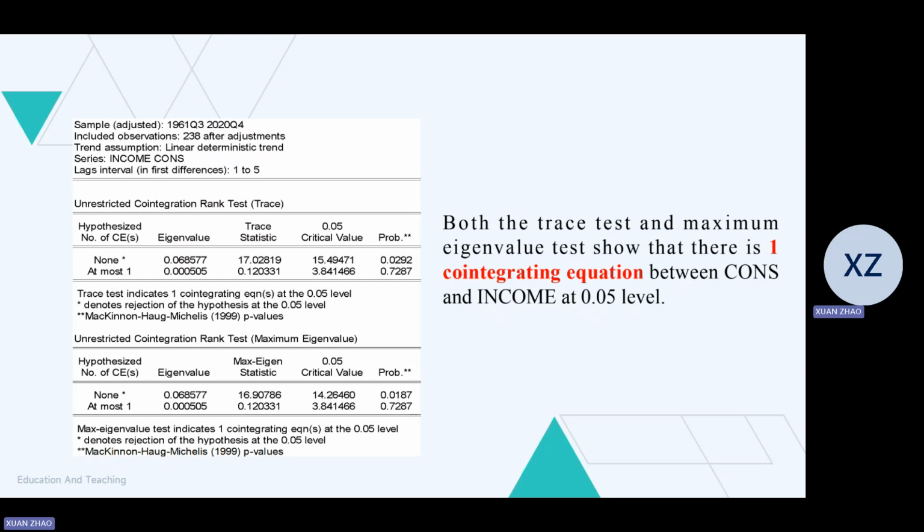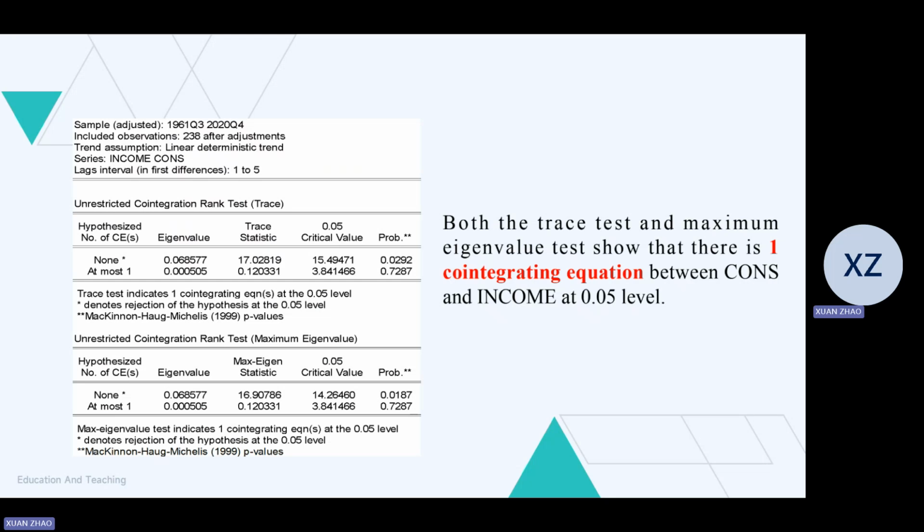After determining the lag order, we need to construct the VAR model again and perform the Johansen co-integration test. As shown in the figure, the trace statistic and the max-eigenvalue statistic here are smaller than the critical values. So it cannot reject the null hypothesis of at most 1.